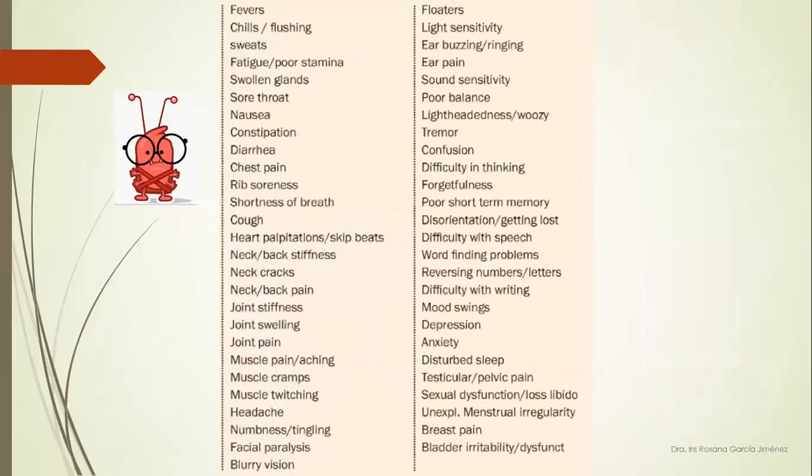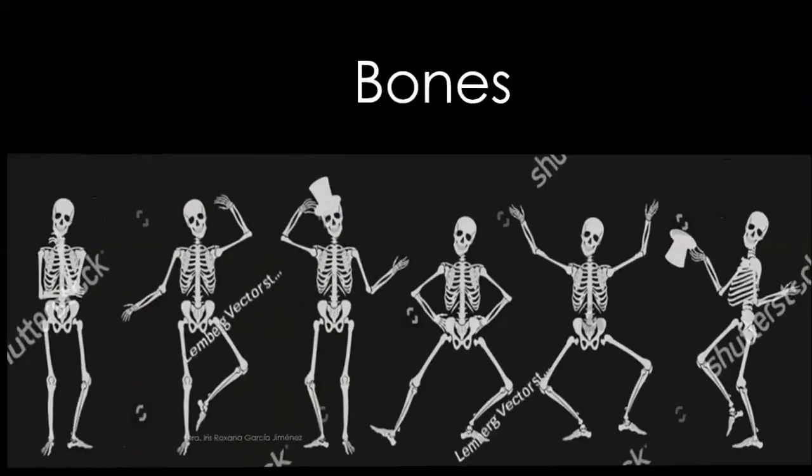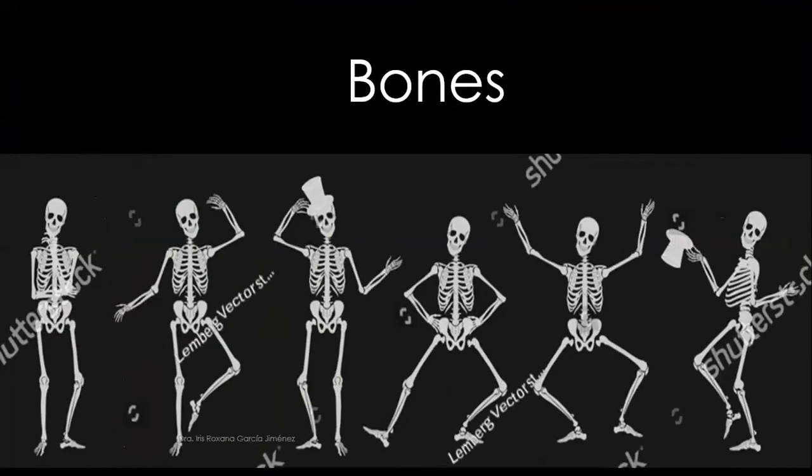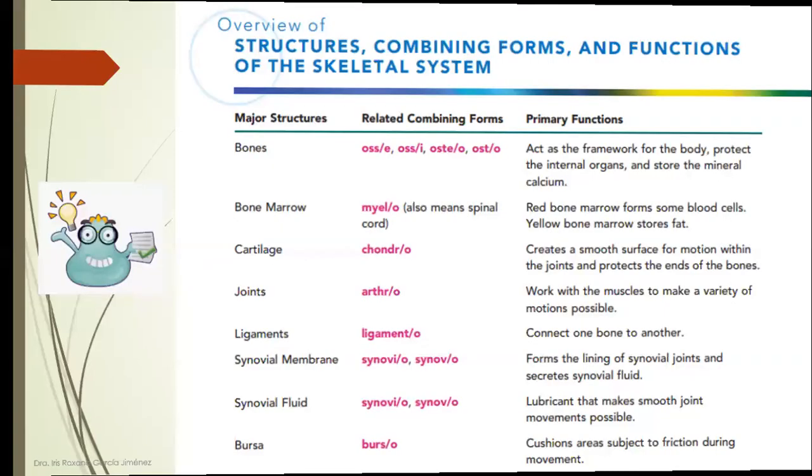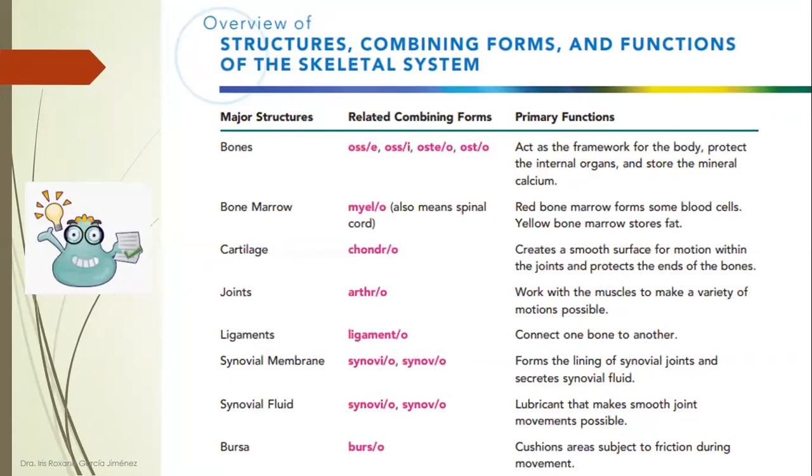There's another one. You can see there's a lot of information. Let's start with bones. Of course, bones is a very important part. And we have this chart, the overview. The overview of this lesson is showing us the structures, the combining forms, and the functions of the skeletal system.